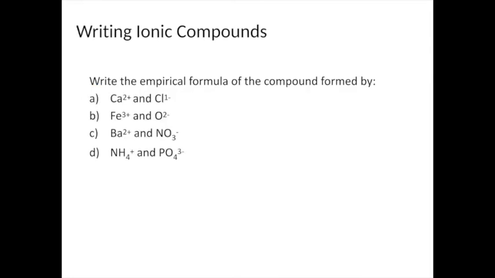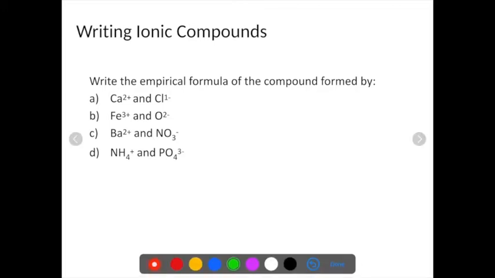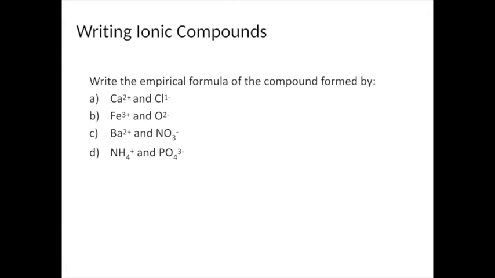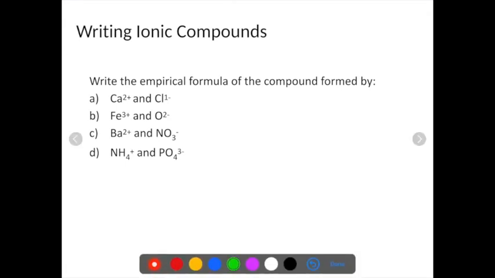Let's practice these. We have calcium and chlorine. Calcium has a +2 charge because it's in group 2. Chlorine has a -1 charge because it's in group 7. The 2 from the calcium is going to be a subscript on chlorine, and the 1 is going to be a subscript on calcium.